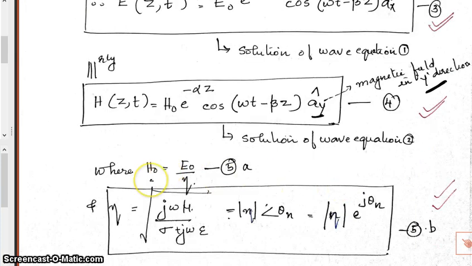Now there is a relation connecting H and E, that is H = E/η, where η is the intrinsic impedance.